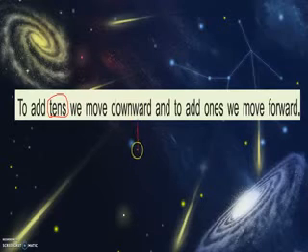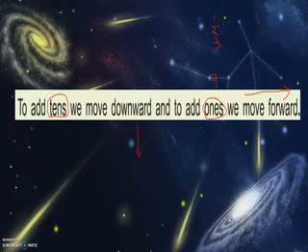Now to add ones numbers, you have to move straight forward. What are the ones numbers? 1, 2, 3, etc. till 9. These are ones numbers, which consist of only the ones place.